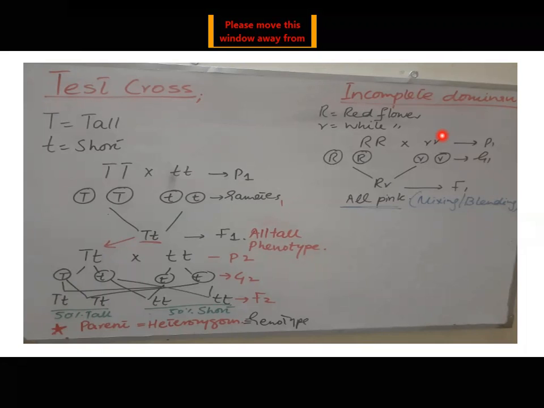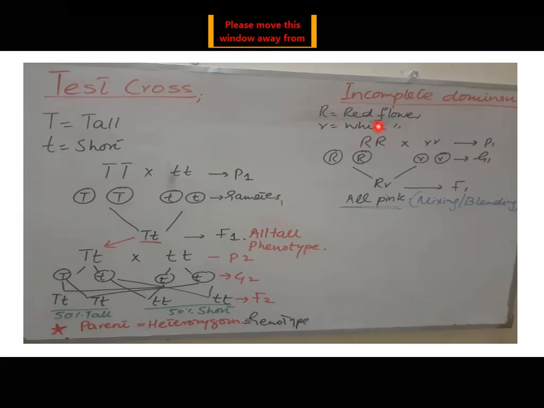How to make the cross? First of all, you need to label the P1, and then the gametes G1, then the crosses, then the first filial generation F1, then P2, then G2 gametes, then F2, the second filial generation. These terms are very important in this regard.